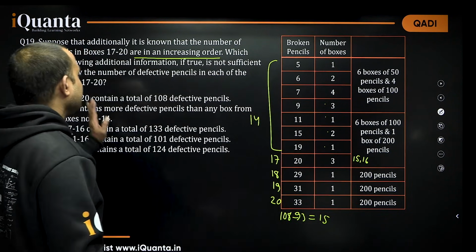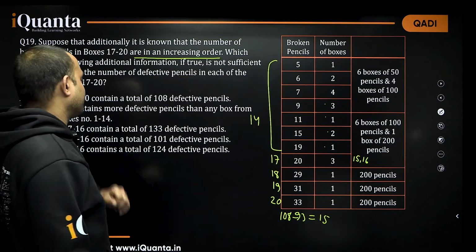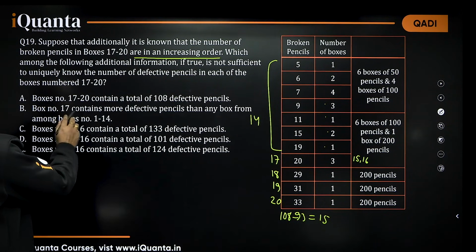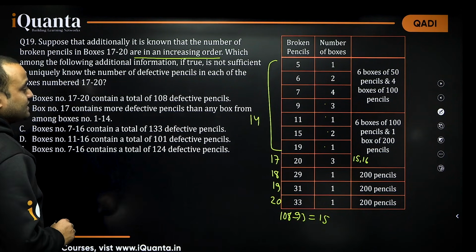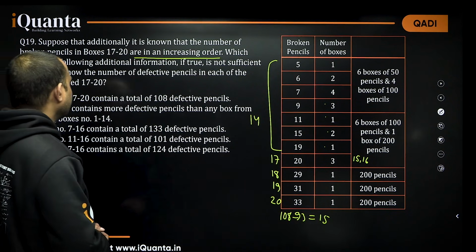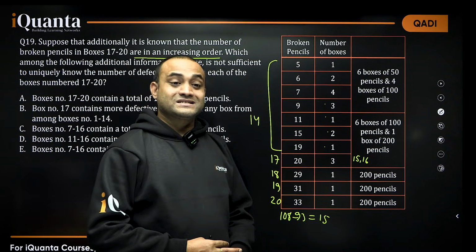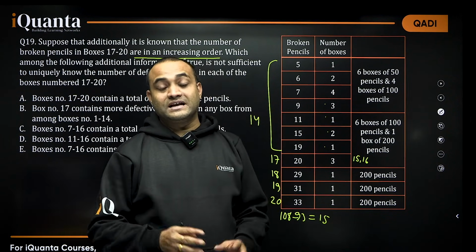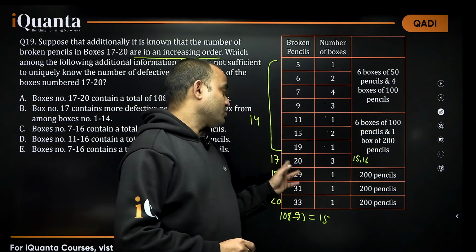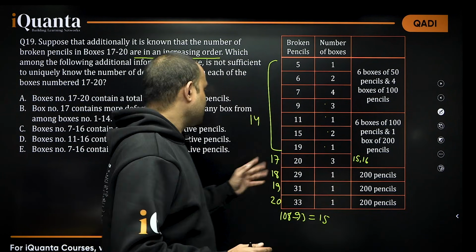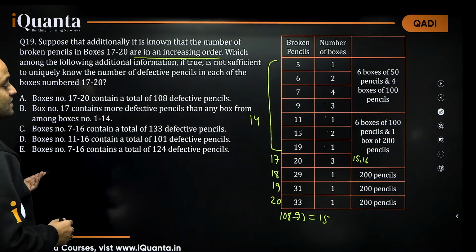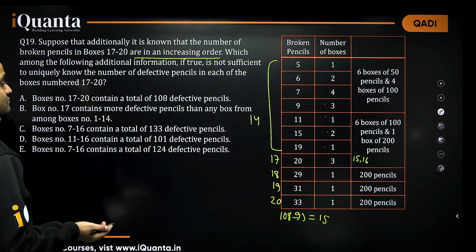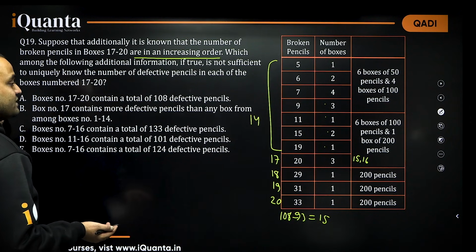So it says if true is not sufficient. So this is true. Box number 17 contains more defective pencils than any box from among boxes number 1 to 14. So this tells us that box number 17 has exactly 20 broken pencils. So this is also very helpful to determine all the broken pencils in box number 17, 18, 19, 20.